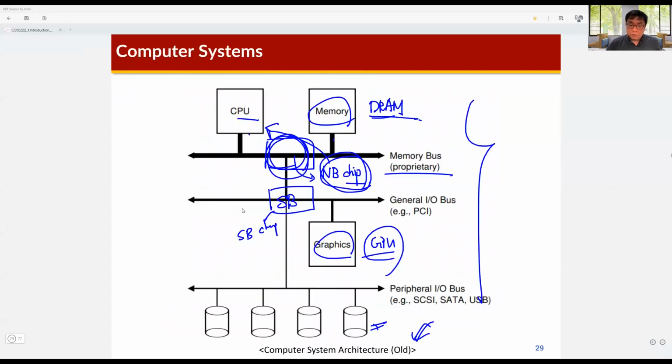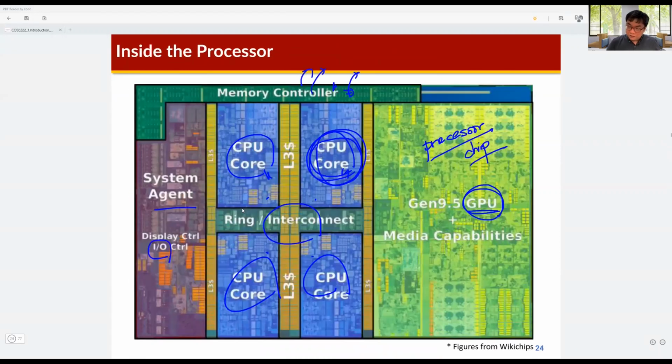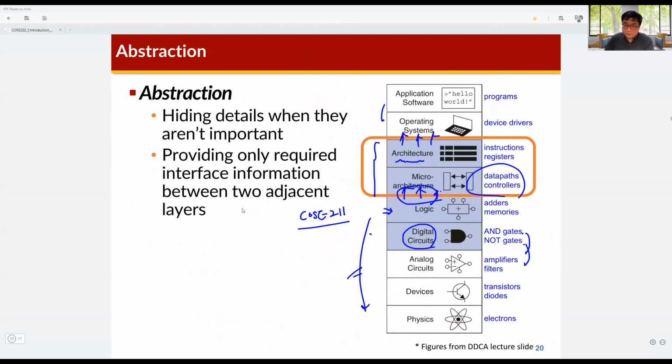In the previous class, we learned about the abstractions in computer systems. I said that the concept of abstraction is very important in computer engineering and computer science, because computers are very complex systems. It's not possible to understand the entire thing inside of the computer system. Computer systems are composed of software and hardware.